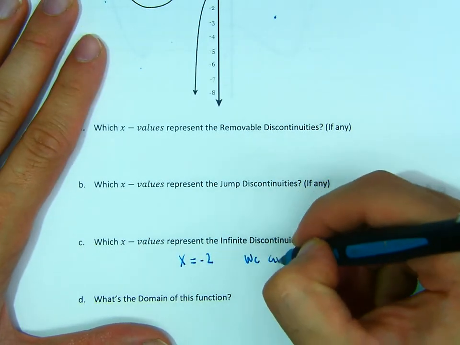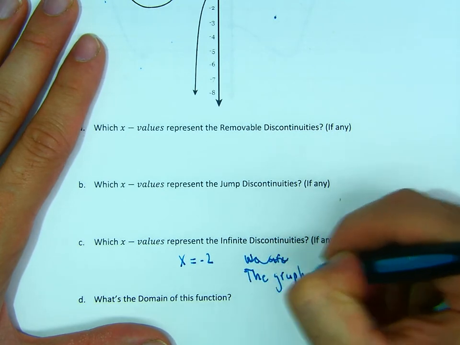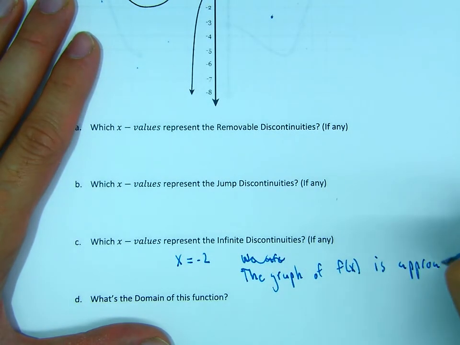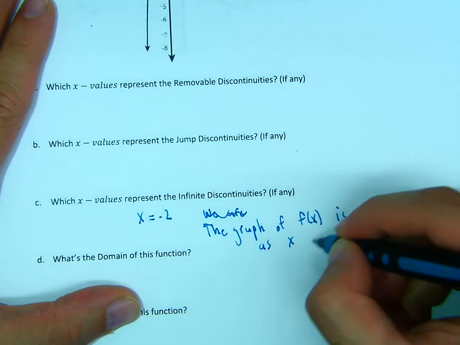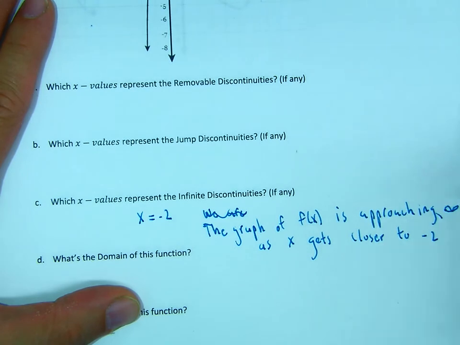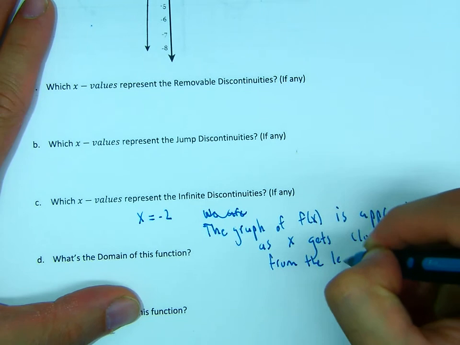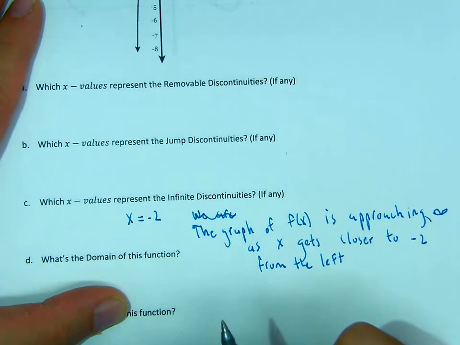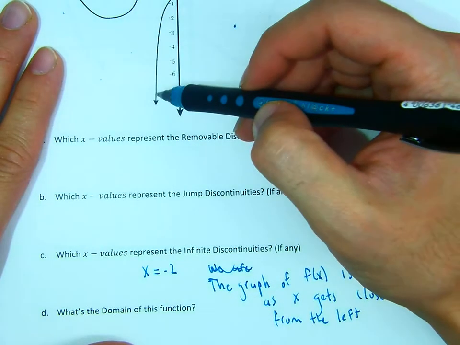The graph of f of x is approaching infinity as x gets closer to -2 from the left, okay? All right, you see how technical and nice this explanation was? Yeah. Okay.